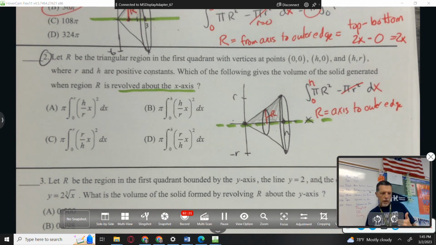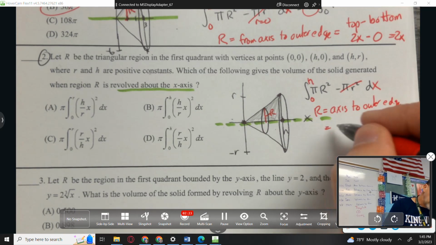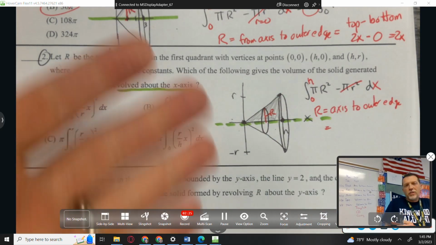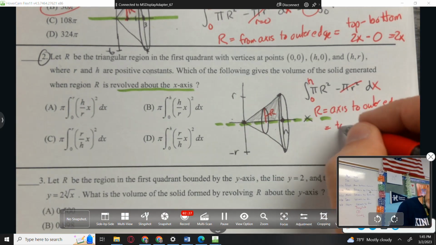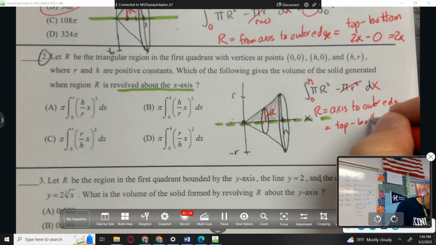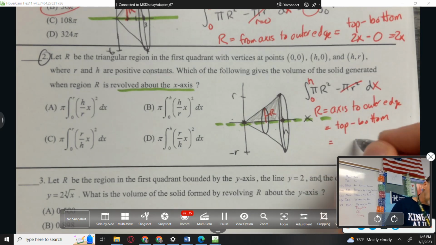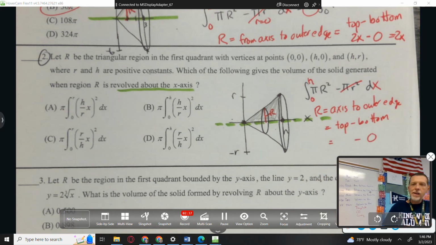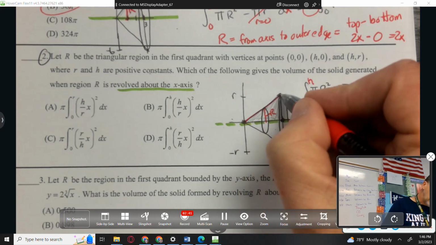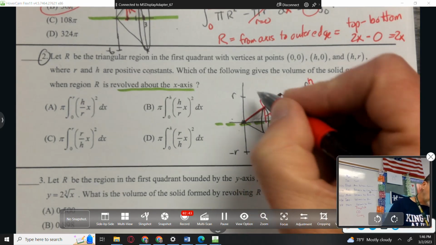And we can do top minus bottom. I mean, some of you are going to get to the point where you just look at it and you know what it is, but slow it down a little bit here. Top minus bottom. Bottom is 0. But this top, I need an equation for that.